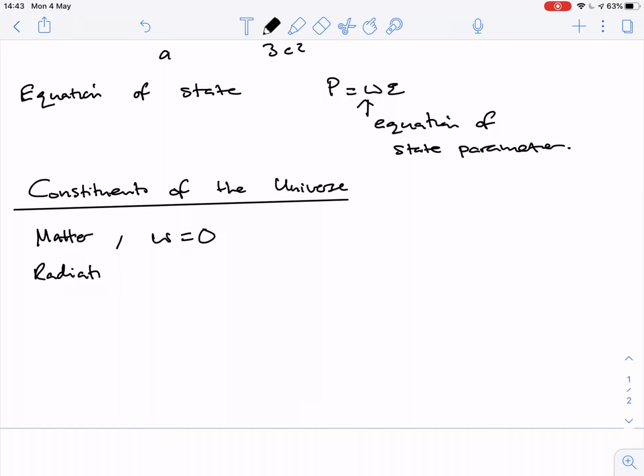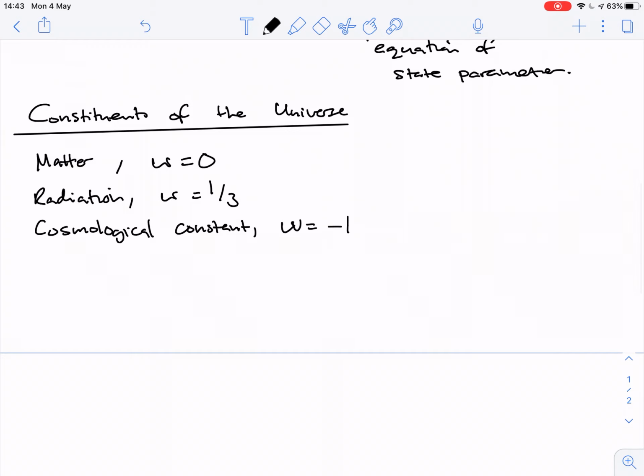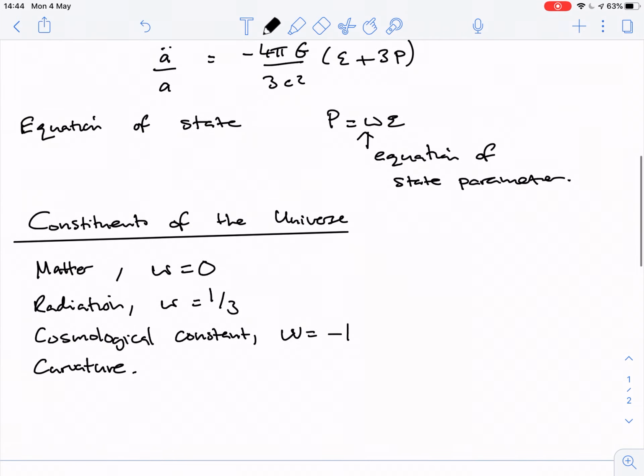It tells us that it must contain radiation. And that's W equals 1/3. There's a possibility that it contains something called the cosmological constant, which we'll come on to later. And in that case, W equals -1. And plausibly, it contains curvature. And so those are the things that we want to solve the Friedman equation for. And that's what we're going to do in this lecture.